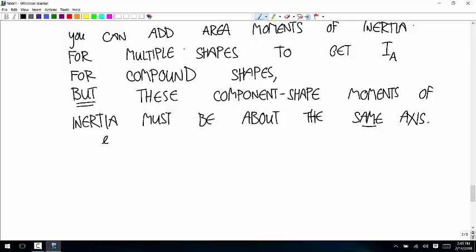So for example, let's say that the cross section looks like this. Okay. Well, the neutral axis of this thing, where would the centroid be? Down here somewhere. Okay. So the neutral axis would be here. That's where our coordinate system would be.